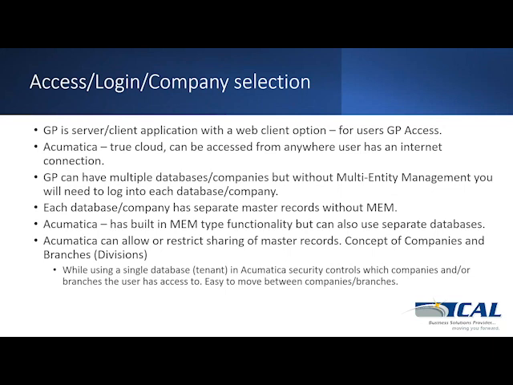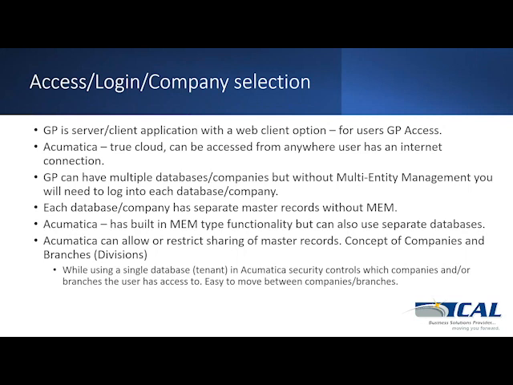Acumatica does allow you to restrict sharing of these master records, by user or by entity, if you will, company or branch. If I don't have access to one of these branches or companies, I won't even see it in my list. I can't get access to it.